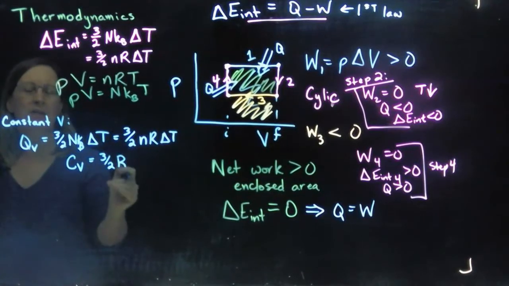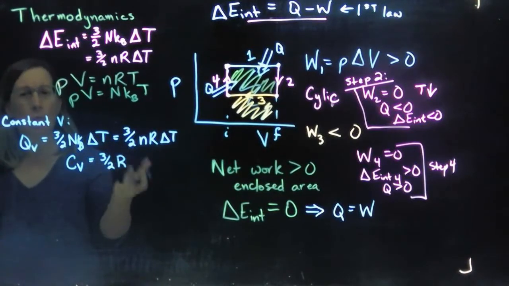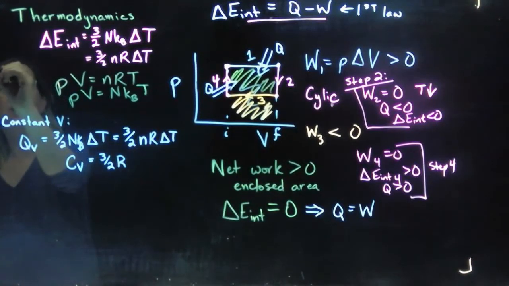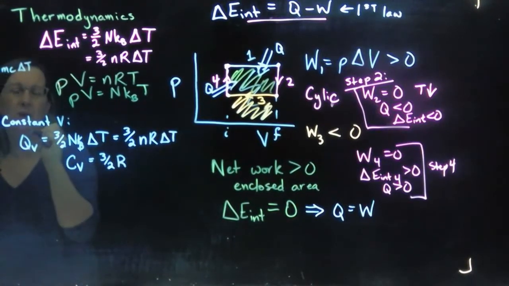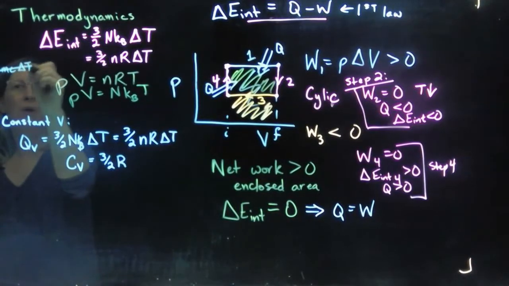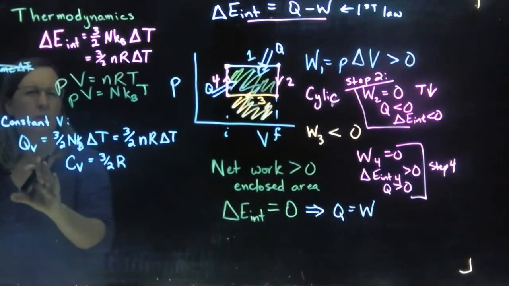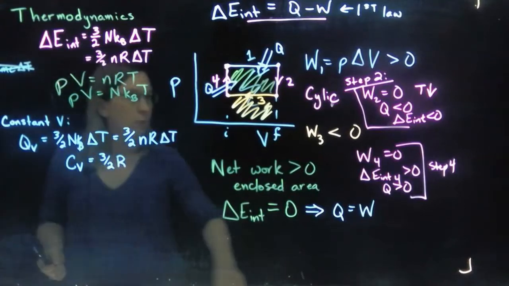So we're trying to get something similar to what we did before with liquids and solids, where we said heat was equal to mc delta T, right? Well, we've got something similar, but we have to be really careful. It depends on whether the volume's constant or the pressure's constant.